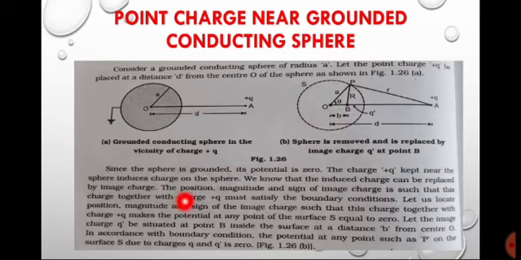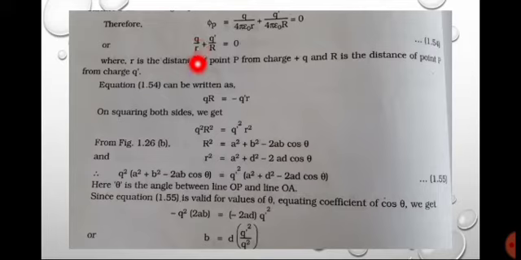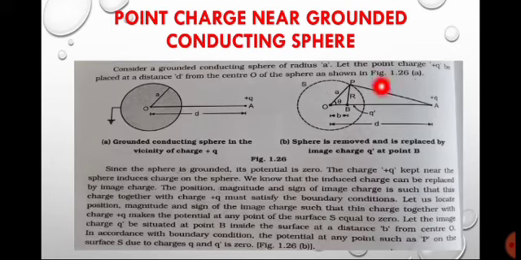Therefore, phi of P is equal to q upon 4 pi epsilon 0 small r plus q dash upon 4 pi epsilon 0 capital R is equal to 0, or q upon r plus q dash upon R is equal to 0, where r is the distance of point P from the charge plus q and R is the distance of point P from the image charge q dash, which is given here. This is small r, the distance of P from point A, and this is R, the distance of P from point B.